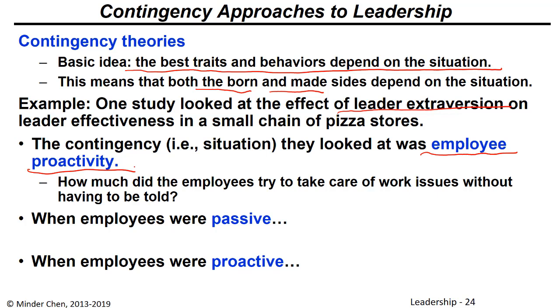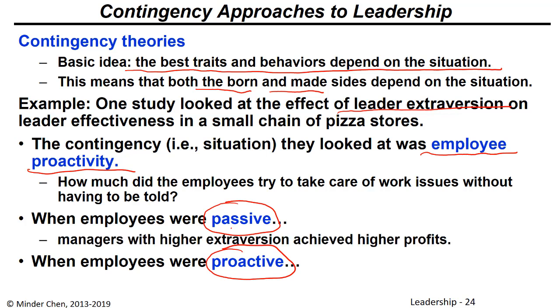And so they found that when employees are passive versus proactive, the results in terms of different leadership styles are different. When employees were passive, managers with higher extraversion achieved higher profit, which means higher group performance.